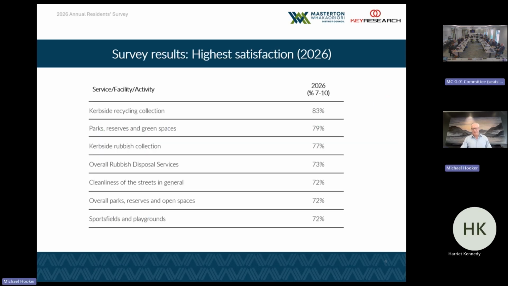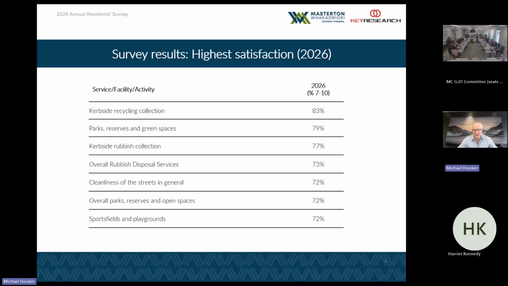So we measured 53 attributes in total. 22 of those attributes had recorded some level of improvement and 28 had recorded some level of decline in perceptions.